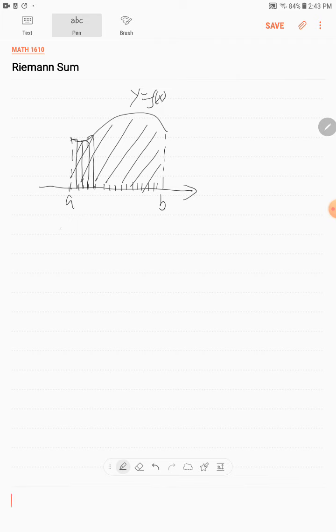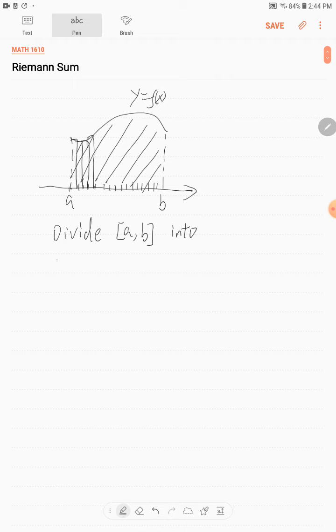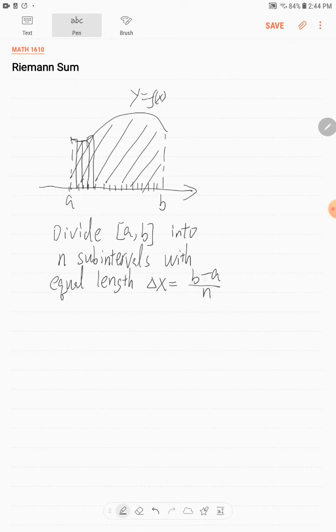So we divide our interval AB into n subintervals with equal lengths, which is denoted by delta x, which is given by b minus a divided by n.